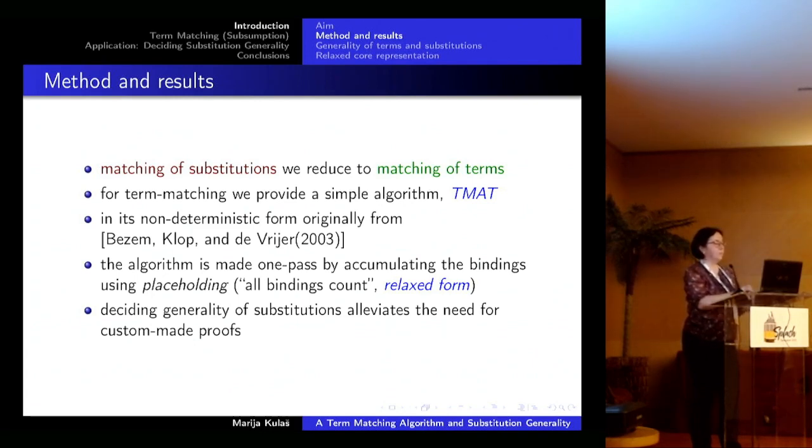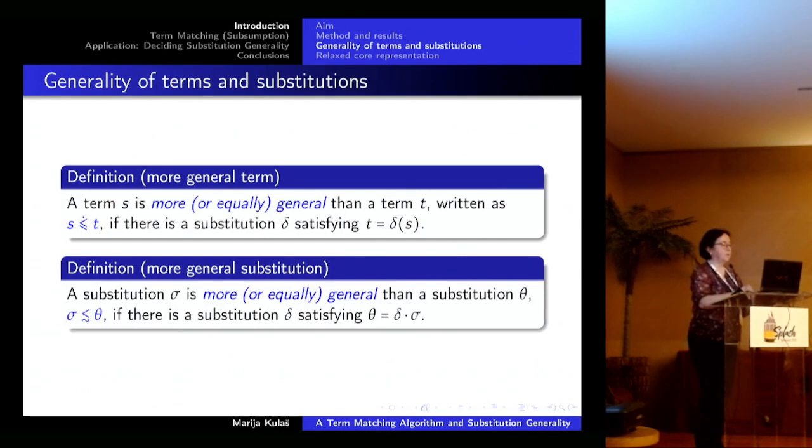For term matching, we provide a simple algorithm called TMAT. It was originally from a textbook on term rewriting called Terese, in a non-deterministic form. And we made it one pass by accumulating the bindings using a more general representation of substitutions that we are suggesting called relaxed form. So that's about method and results.